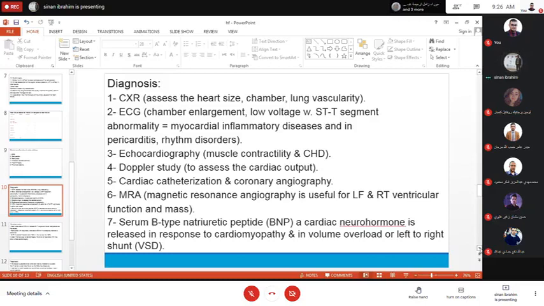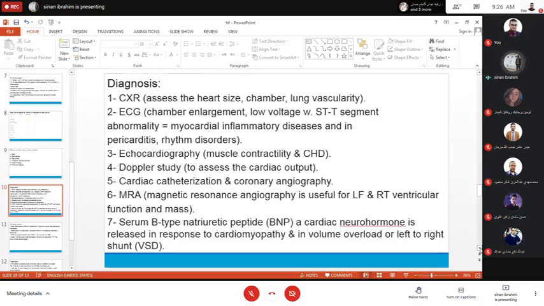If you suspect a patient with heart failure, you can send him for a chest X-ray. And if you see cardiomegaly, you will refer him and set an appointment for an echo study to exclude the presence of heart failure.